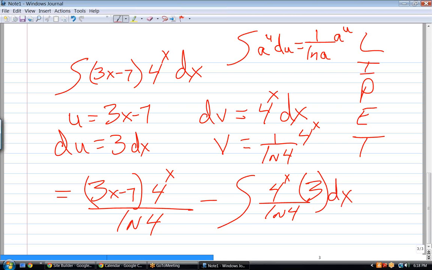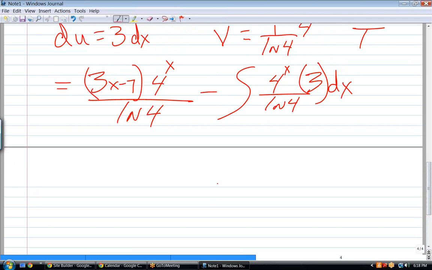Okay. Let's simplify that, or let's evaluate that. It's probably easier to evaluate if you take all of the constants outside the integral sign.